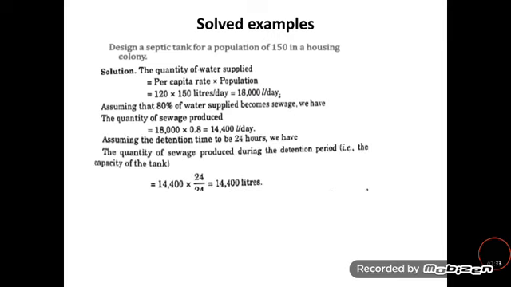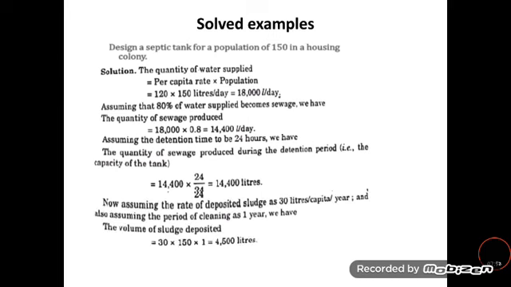We assume a detention time of 24 hours. To find the capacity of the tank, we divide the quantity of sewage produced by the detention time, and we get 14,400 liters. Then we assume the rate of deposited sludge as 30 liters per capita per year, with a cleaning period of 1 year.